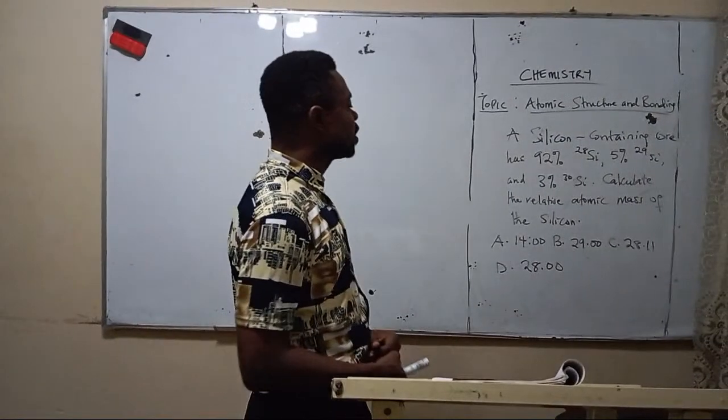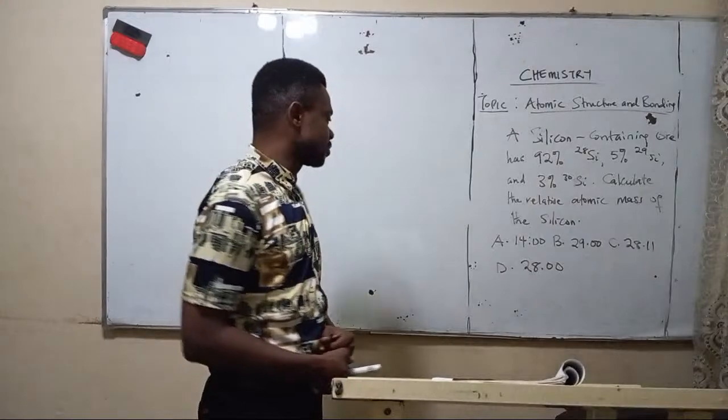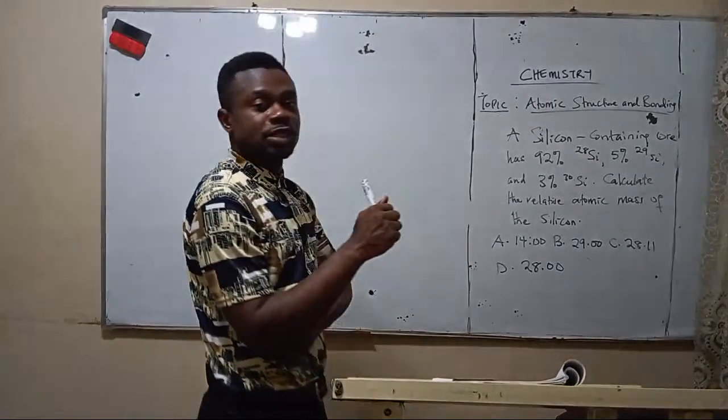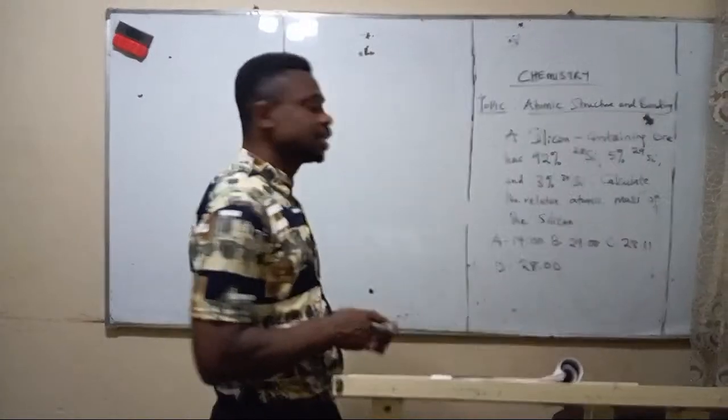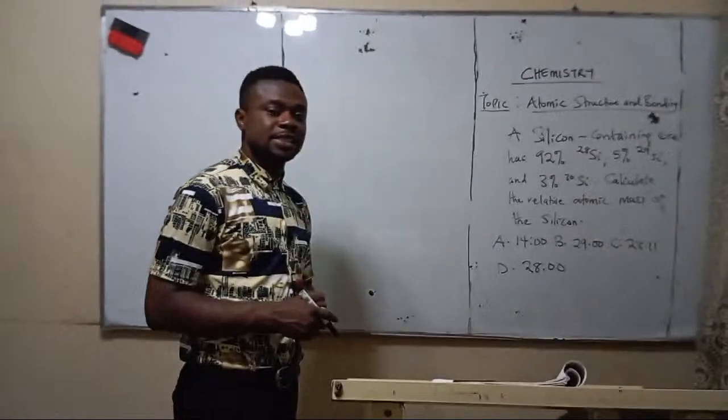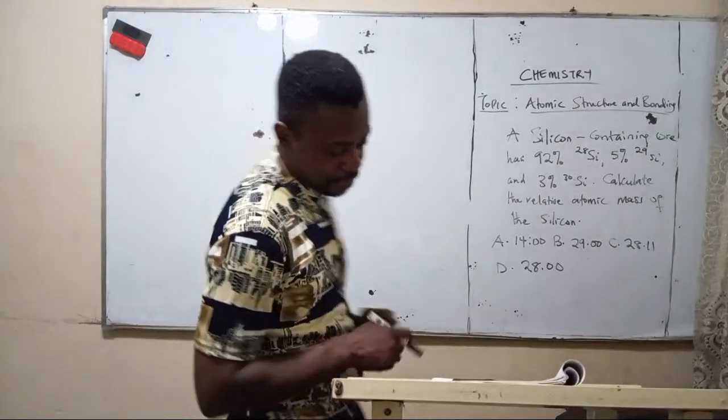Calculate the relative atomic mass of the silicon. A, 14.00, B, 29.00, C, 28.11, D, 28.00.